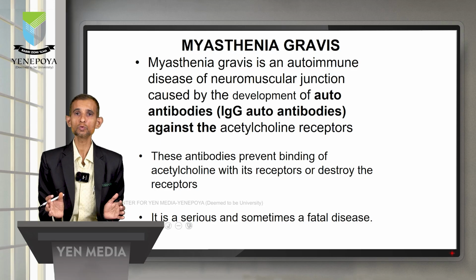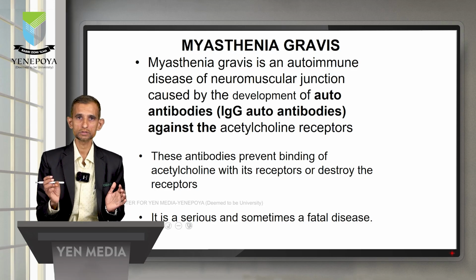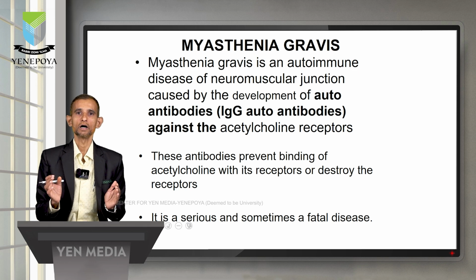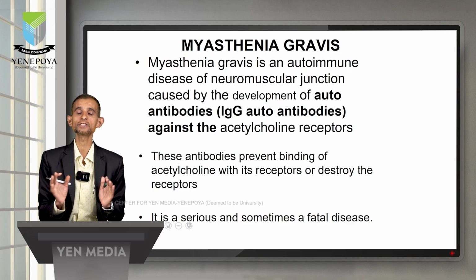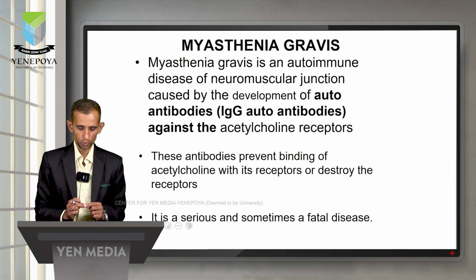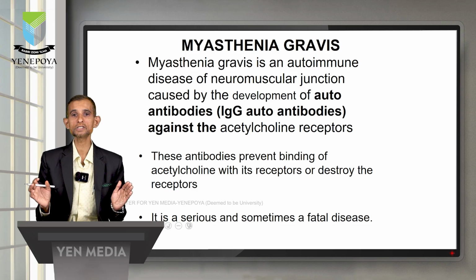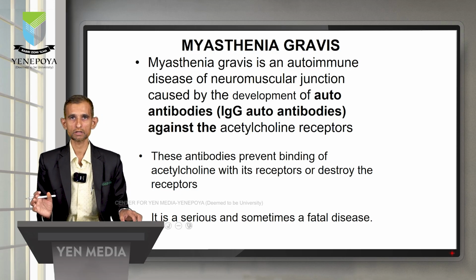What will this immunoglobulin G, the autoantibody, do? It will prevent the binding of acetylcholine to acetylcholine receptors, or it will destroy the acetylcholine receptors. So, it is a serious and sometimes fatal disease.